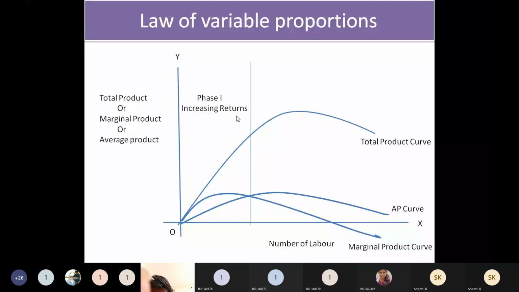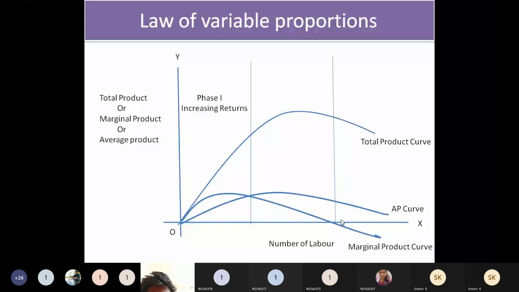Phase 1 is increasing returns. After this line, phase 2 starts. Phase 2 ends where the MP curve intersects the x-axis, so you draw another line up to here.